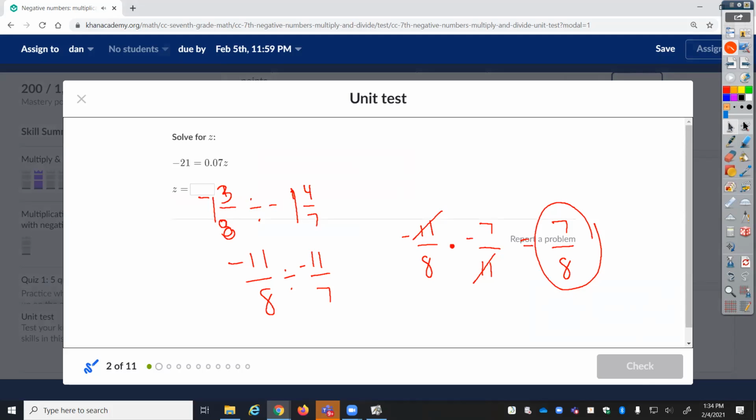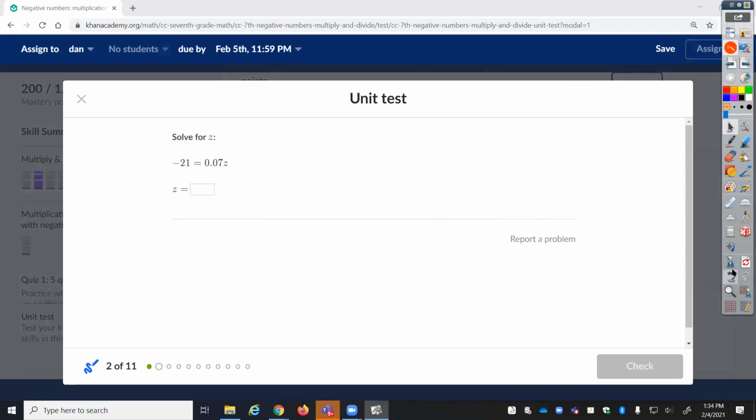If we take the second question over here, we see this to be negative 21 is equal to 0.07 z.